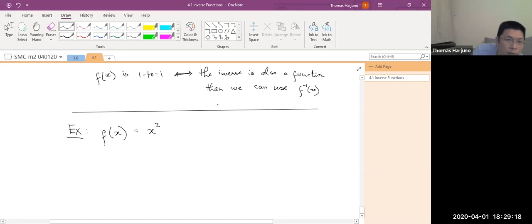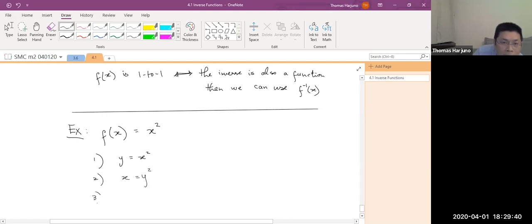Now, how do we find the inverse? We do it the same way we did earlier, but we just cannot finish up to step number 4. We can only go up to step number 3. So step 1: replace f(x) by y. Step 2: we swap x and y.